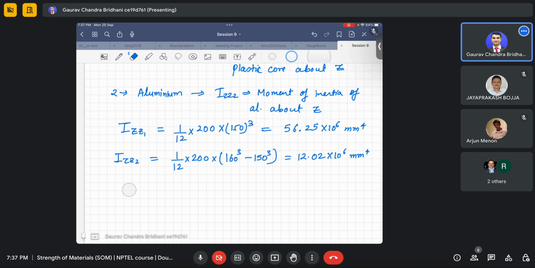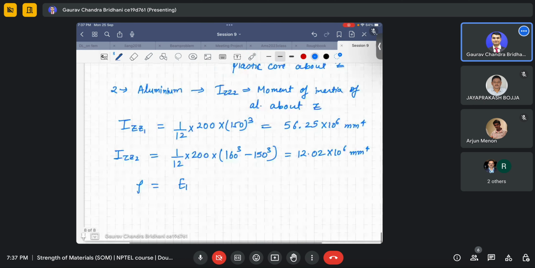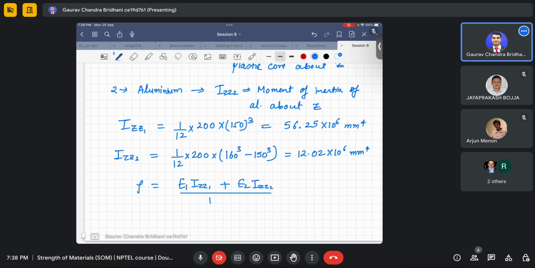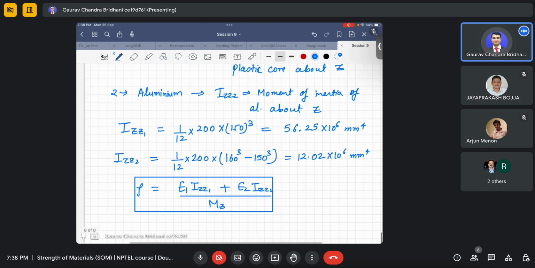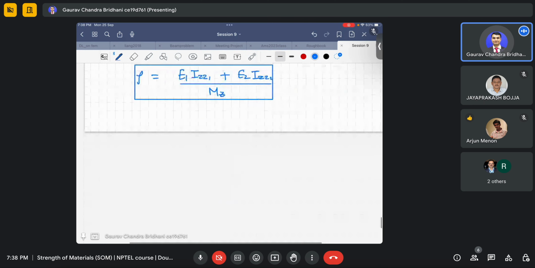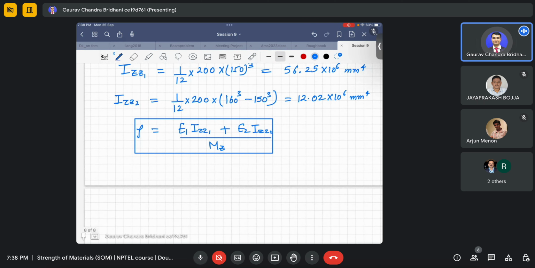Basically rho becomes E1 IZZ1 plus E2 IZZ2 divided by mz. Am I correct if I write like this? I just take 1 by rho common, multiply that rho there and bring the m there. Okay, fine. That means we can substitute our quantities and work with that.